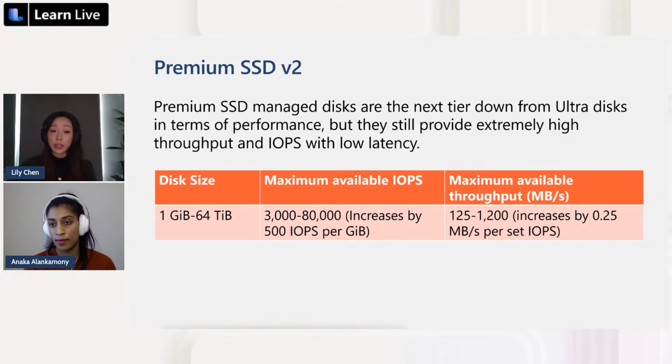For example, an 8 gigabyte disk can have up to 4,000 IOPS, and from that 4,000 IOPS, the disk can achieve up to 1,000 megabytes per second.